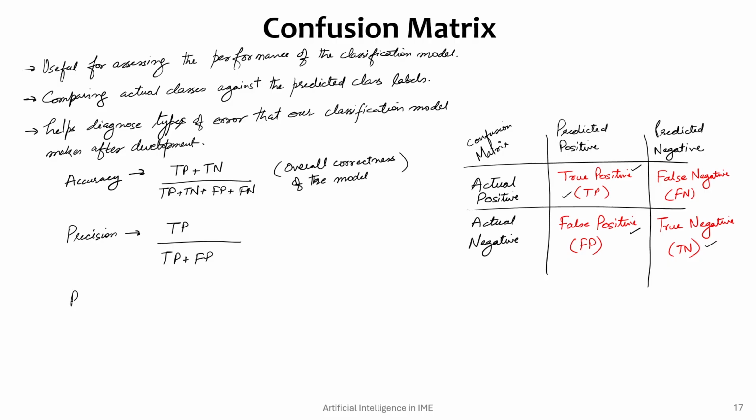Finally, your recall is true positive divided by true positive plus false negative. So, what recall shows is, let us say you have your instances labeled as positive.